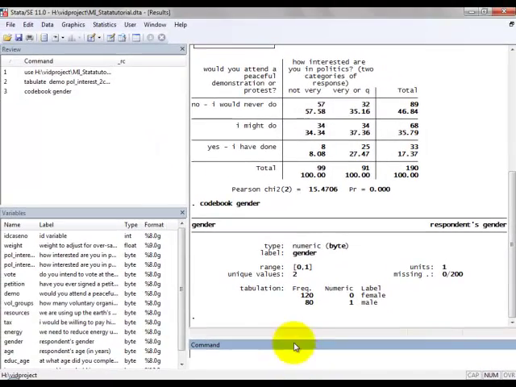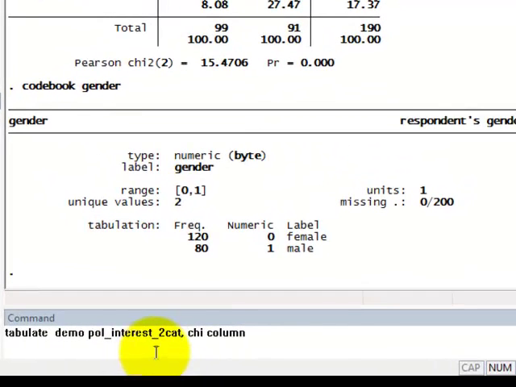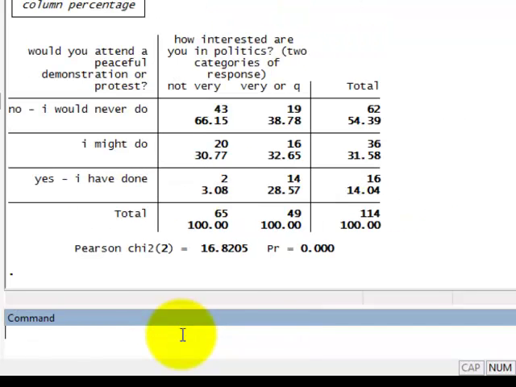Let's click over here, and we see that we have the same command as before. But instead of running it on the whole data set, we put in an if statement: if gender is equal to 0. In other words, we're running the same cross tabulation, but only for females. We see something quite similar to the results for the whole population. The chi-square test statistic is a little bit different, 16.8205.